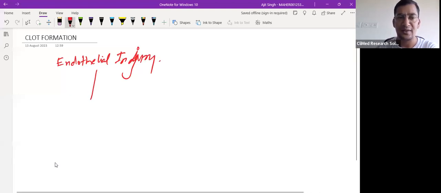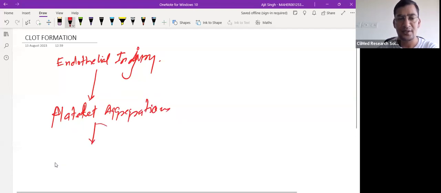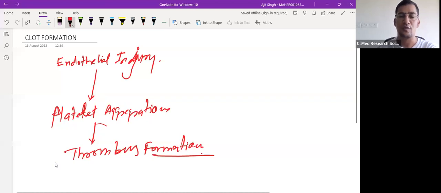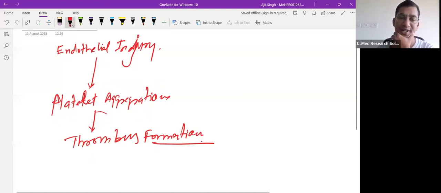Okay, and then it triggers the platelet aggregation. Okay, and it leads to the thrombus formation. Okay, it leads to the thrombus formation. Now tell me what happens one by one. Yes.